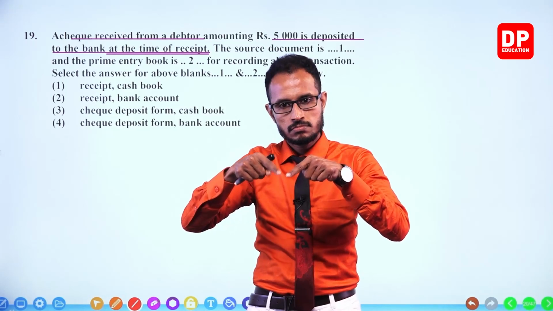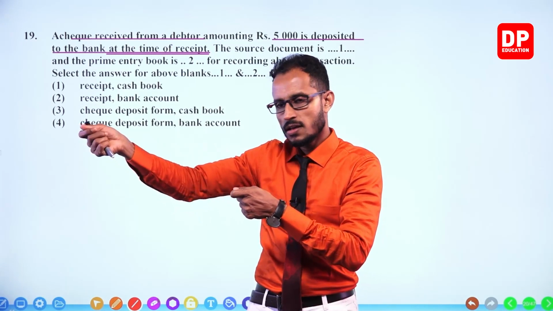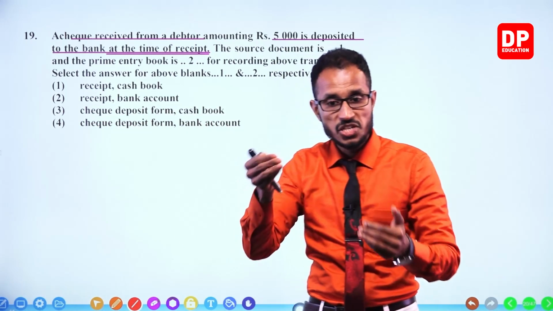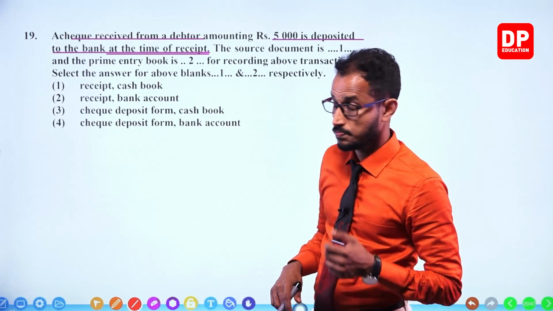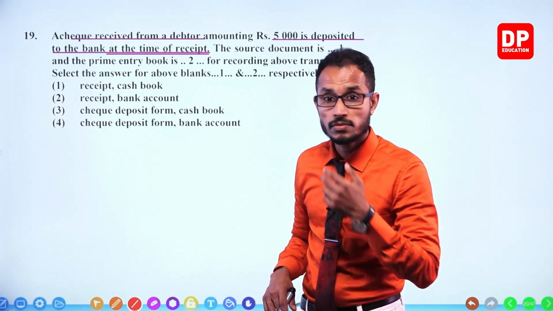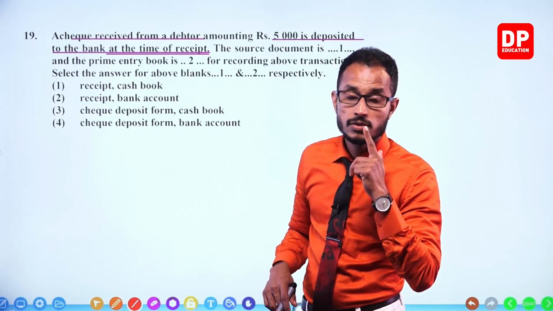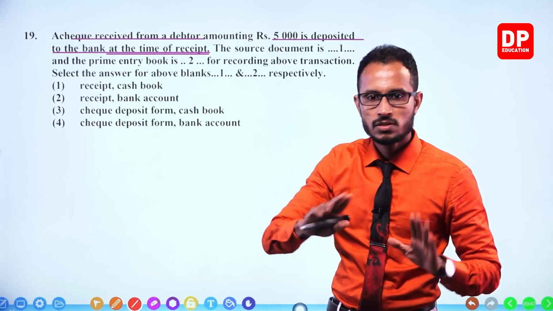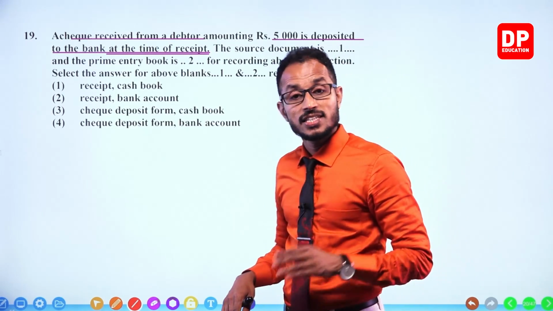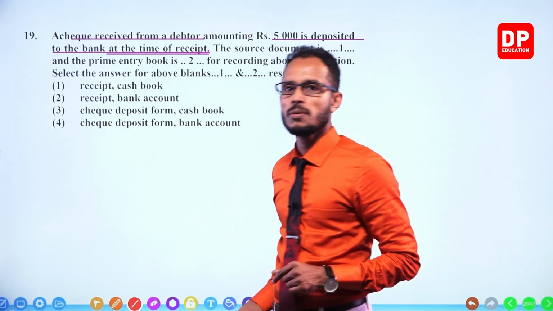The check was directly sent to the bank without keeping it in our cash drawer. I said cash drawer. You don't know what a cash drawer is? We didn't put the check into the drawer, we sent it to the bank.